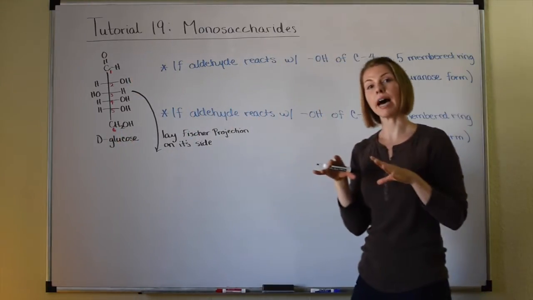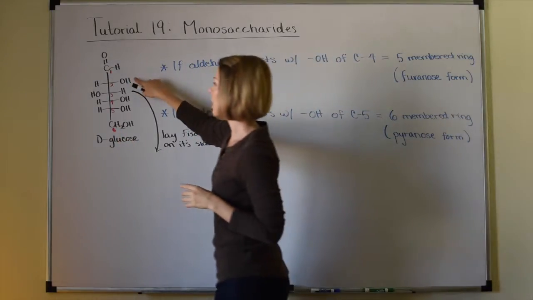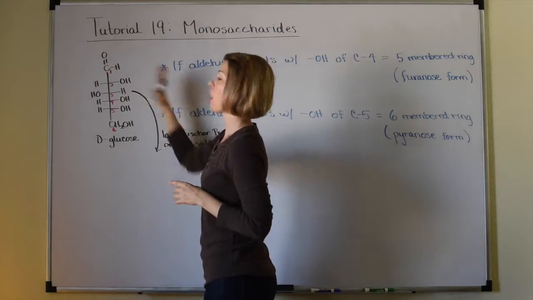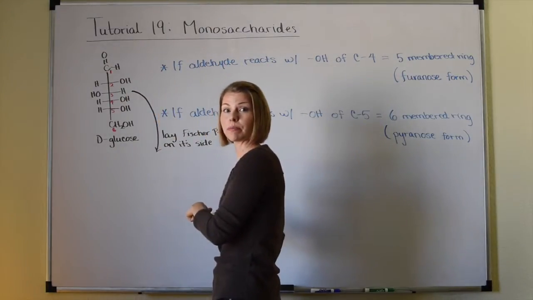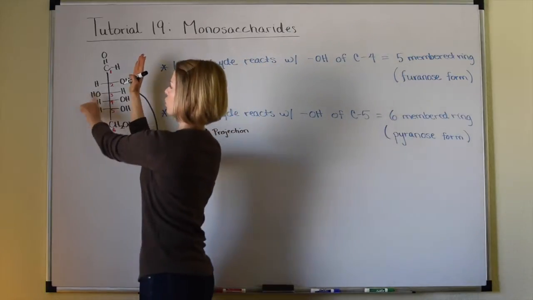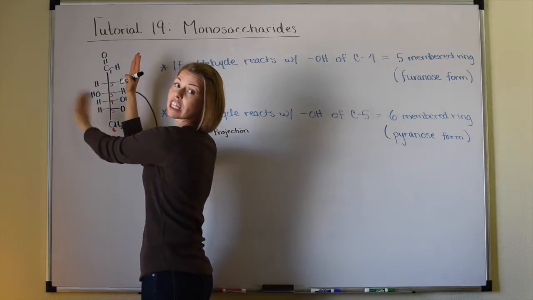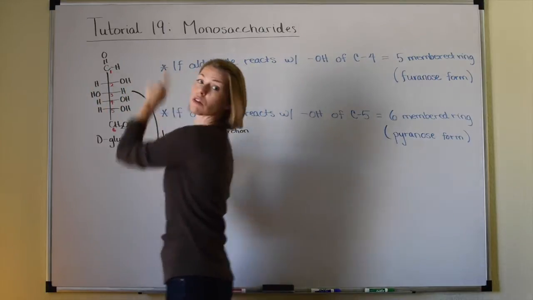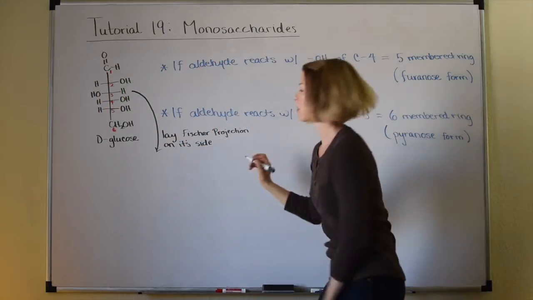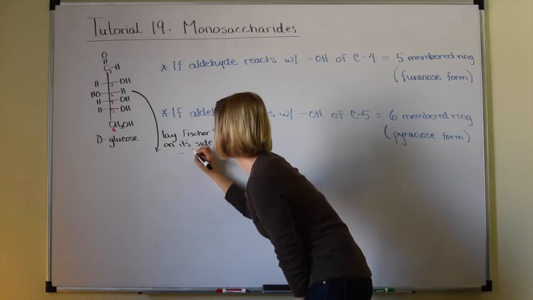Now, when you do that, notice that all of the hydroxyl groups that are on the right side of the molecule are now going to be pointing down, and all of the hydroxyl groups, in this case there's only one, that are on the left side of the molecule in a Fischer projection, when you lay it down, those are all going to be pointing up. So I'm going to make a little note of that here.